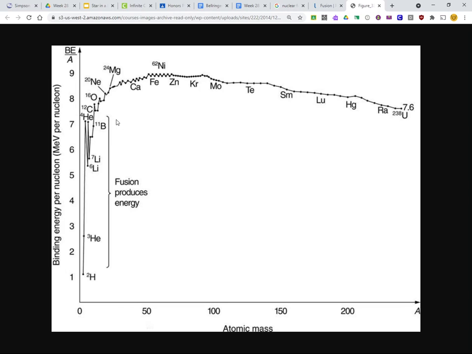Okay, then for the second one, if you remember we take helium and fuse into carbon, not as big. Fuse into oxygen, not as big, but it still gives you a little bit. Oxygen to neon, neon to magnesium, anyways, you get up to iron. Well, what do you notice here at iron? It's flat. At this point, you don't get any energy out when you try to fuse iron.